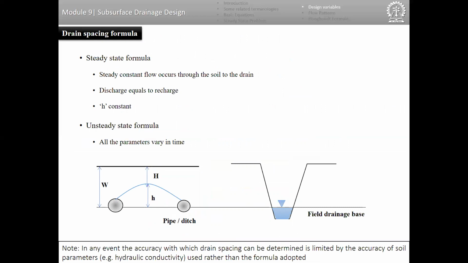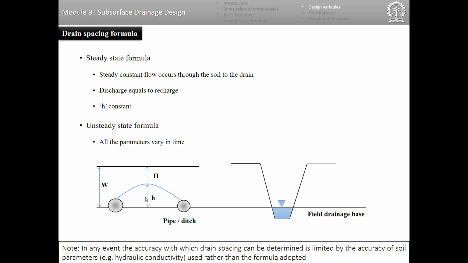The steady state formula is based on the assumption that a steady constant flow occurs to the soil, to the drain, and discharge equals recharge, and the H is also constant. So whatever recharge is happening is coming out as discharge, and this height of water table, this H, is maintained in the steady state formula.